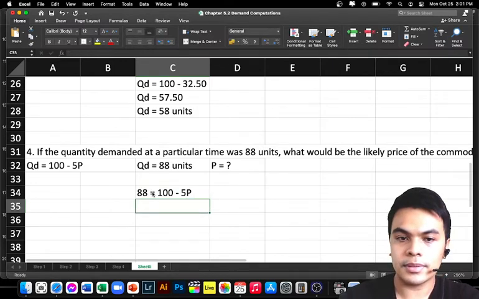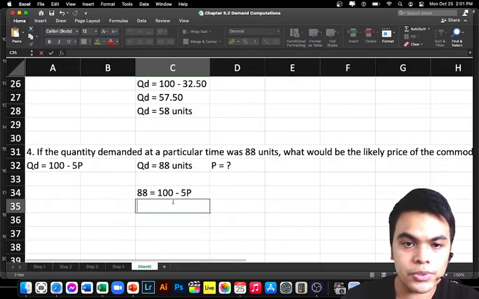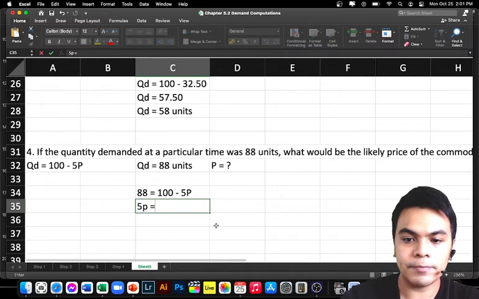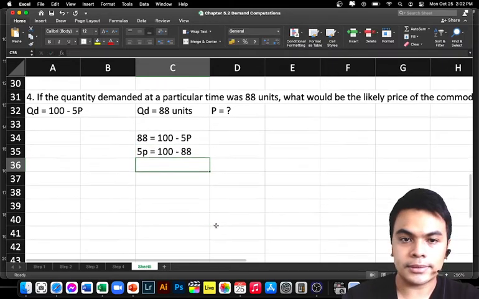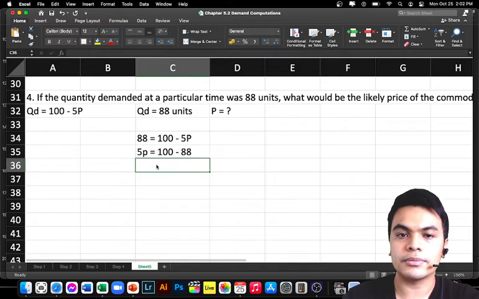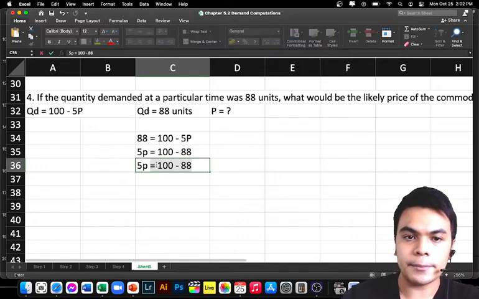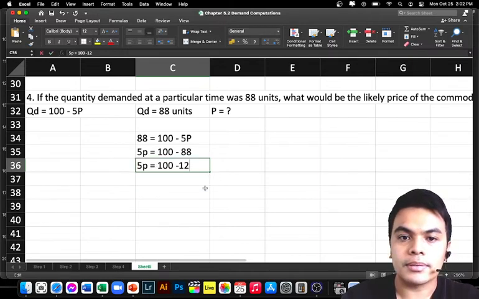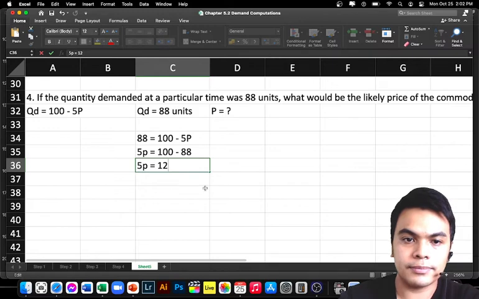So let us transpose 5p on the other side, and 88 on the other side. So 5p is equal to 100 minus 88. How much is 100 minus 88? That is 12. So 5p is equal to 12.